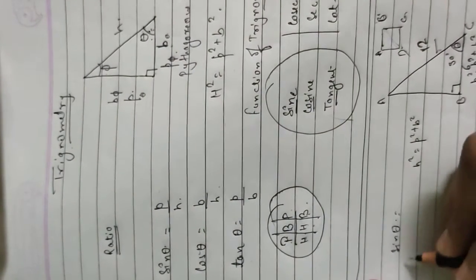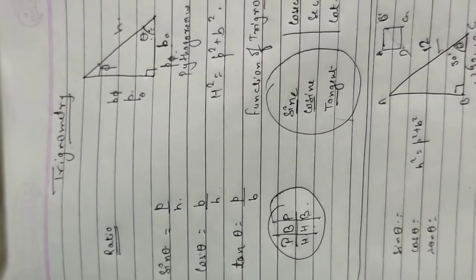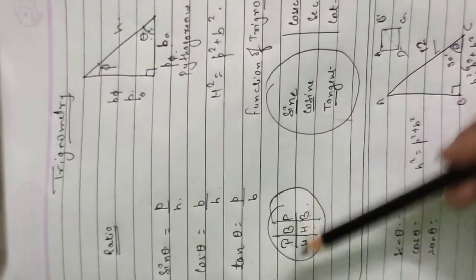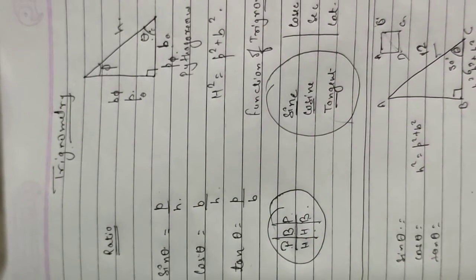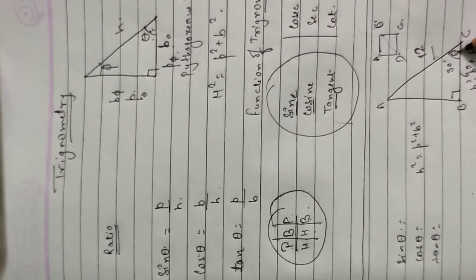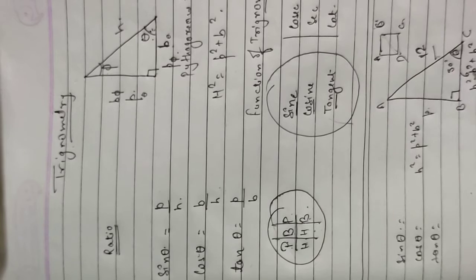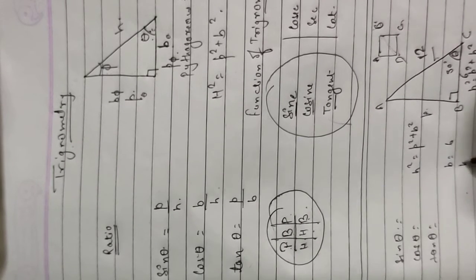Sine theta, as I said, will be equal to P by H. We remember: Pakistan bhuka pyasa, Hindustan hara bhara. What will be P? We are taking this angle as theta, then P will be this. B is equal to 6 and H is equal to 12.